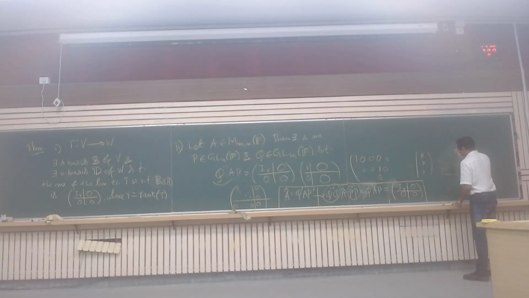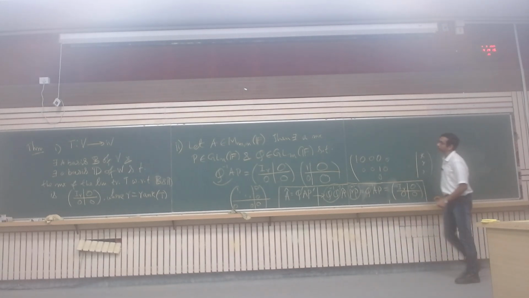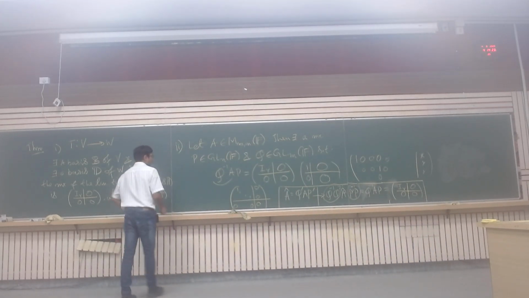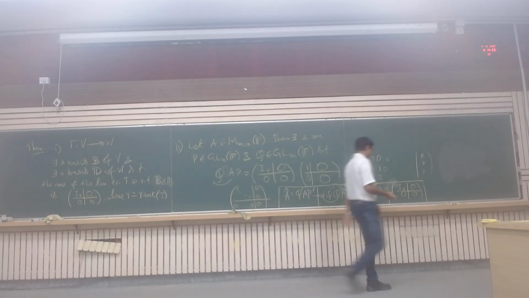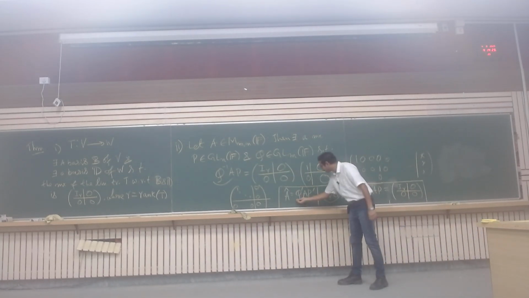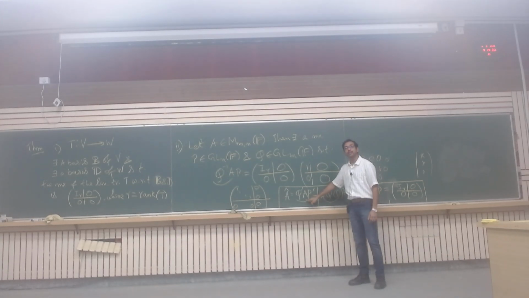Okay. And this should also be clear from the point of view of representation of a linear transformation, I mean the matrix of a linear transformation with respect to some basis, because you see that this is again the representation of the same linear transformation T with respect to some other basis. Okay.